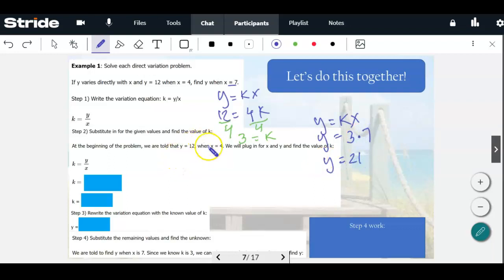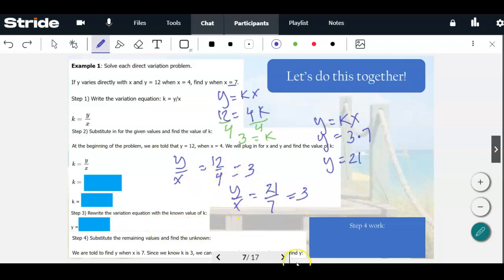Now, another way to look at that is y over x. The first one was 12 over 4, which is equal to 3, and the second one, y is 21, x is 7, and it's 3. So it is a constant.